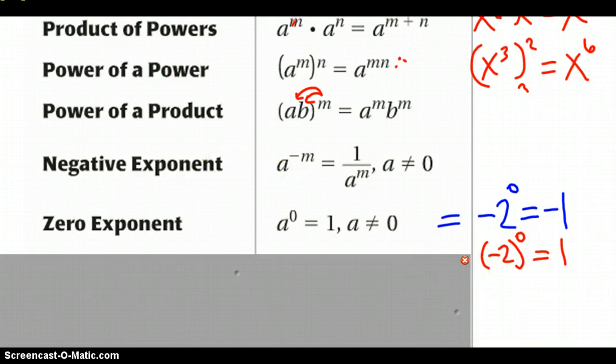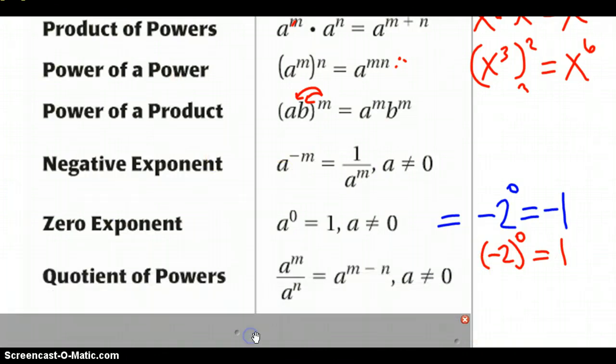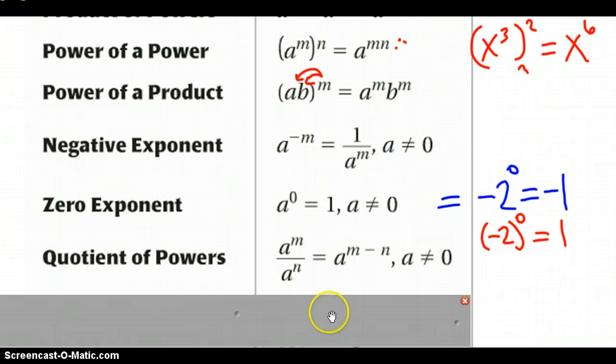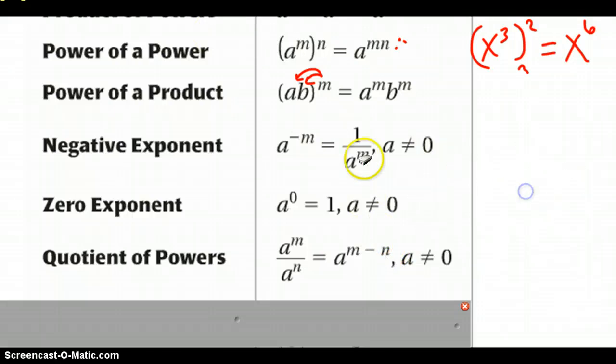Okay? All right, then you have quotient properties. So this one says when you divide the same base, then we're going to subtract the exponents. So again, when you have the same base, we're going to subtract the exponents.